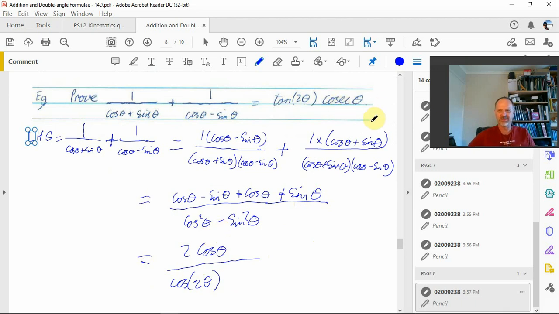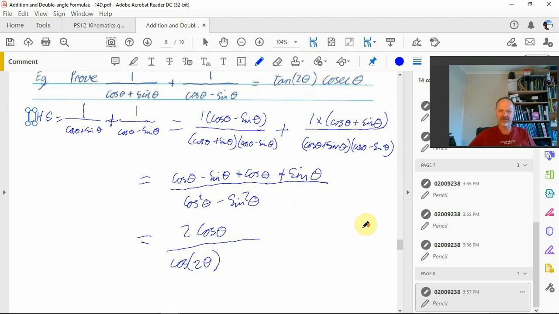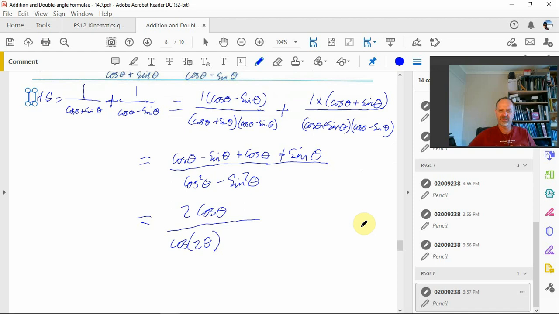The cosec, well, let's worry about that later. But to get tan 2 theta, I need sine 2 theta. And sine 2 theta is 2 sine theta cos theta.